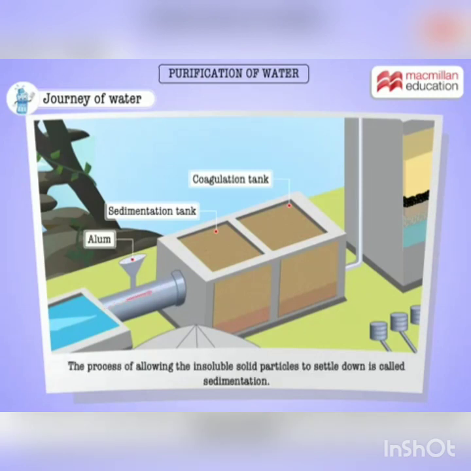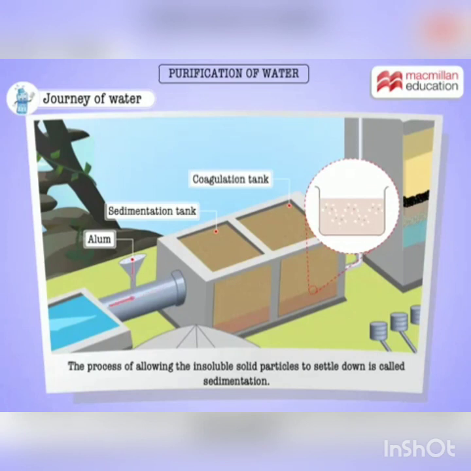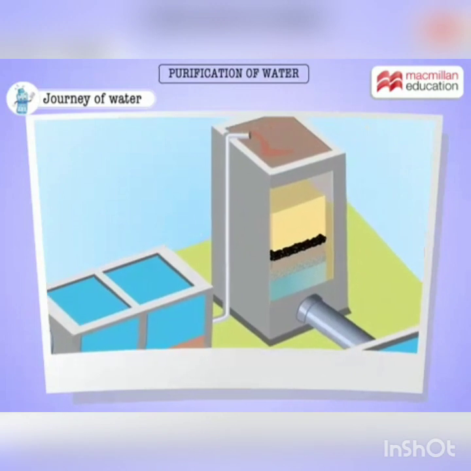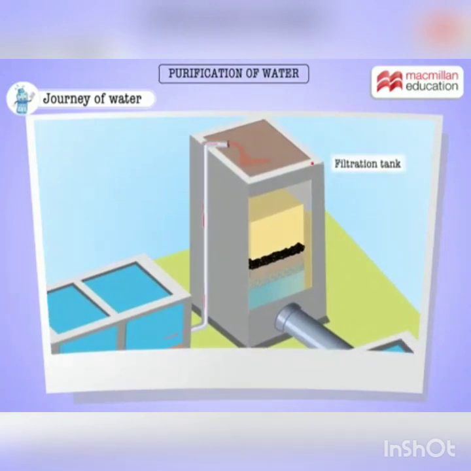Alum is commonly used as a coagulant which forces tiny particles of dirt to stick together and settle down. In the second stage, water is carried from sedimentation tanks to the filtration tanks. Here, water is passed through beds of charcoal, sand, and gravel. This process removes the remaining suspended impurities.